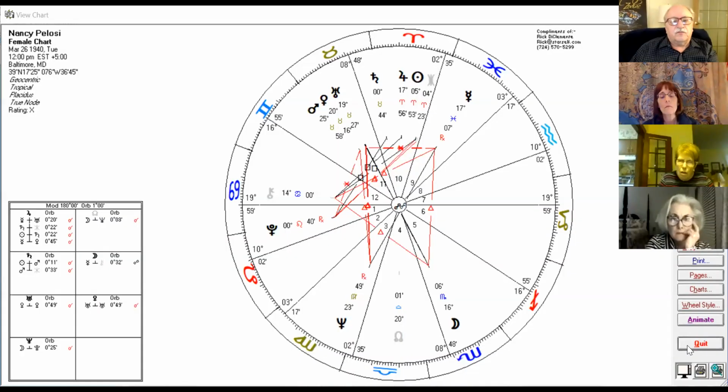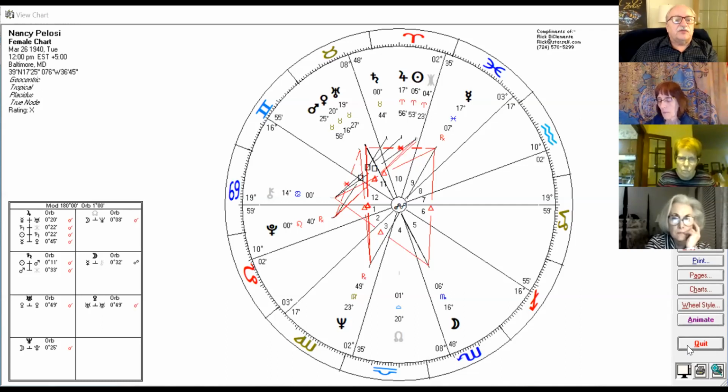Oh, you're getting your birth time at 2:30 p.m.? Well, let's go ahead and change it then. By all means, let's look at her chart with the correct birth time. Thank you for looking that up. I don't know how I missed that. So let's take Pelosi.